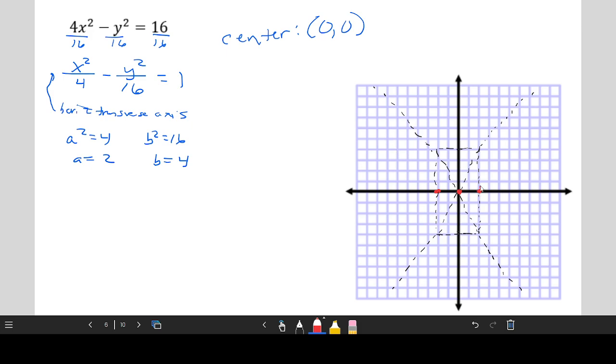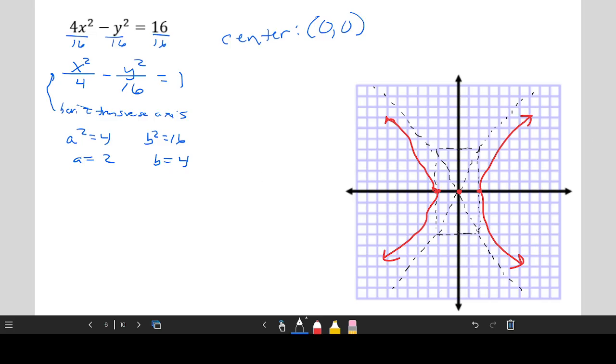And then we can draw in the branches. A couple other things you might be asked to identify on the homework are the equations of the asymptotes.